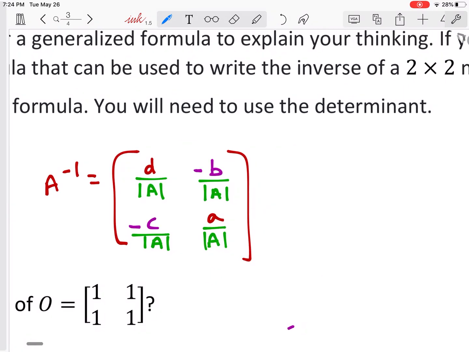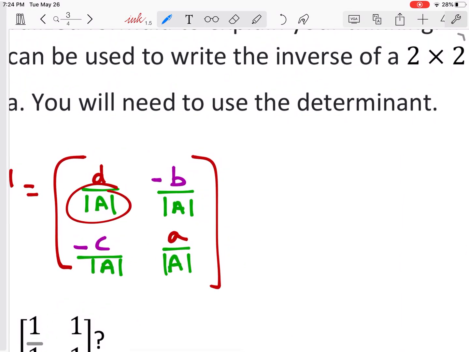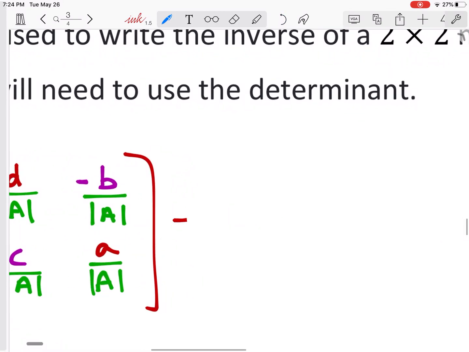And there is a general formula for this. In general, though, we don't want to write divided by the determinant a bunch of times. We can ultimately factor that scalar value out of this matrix.